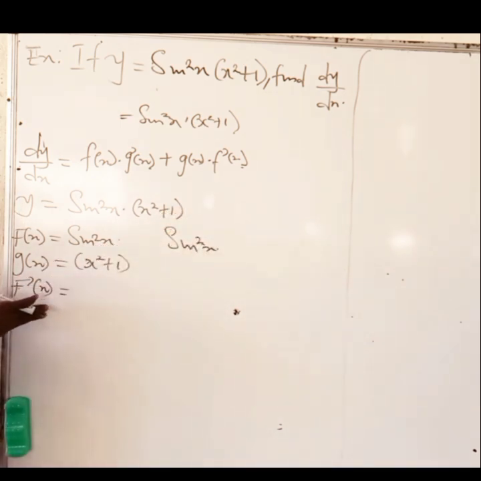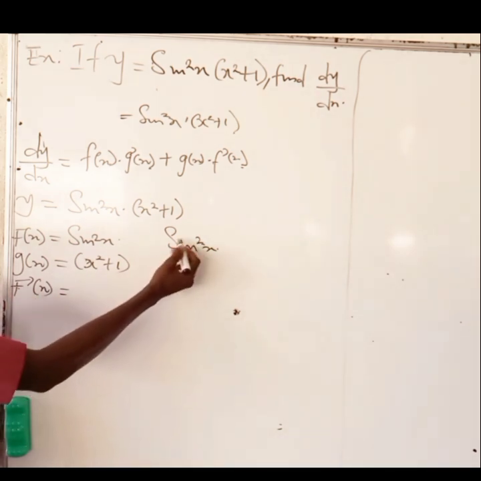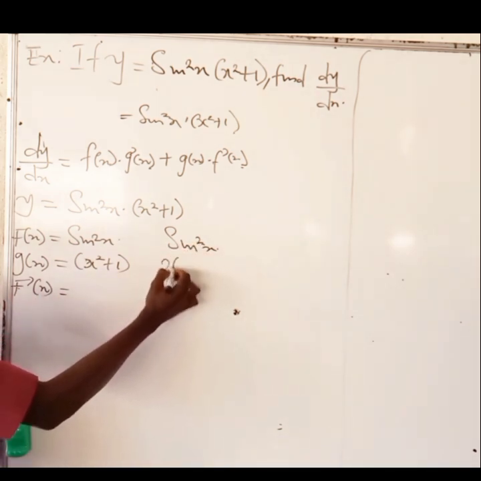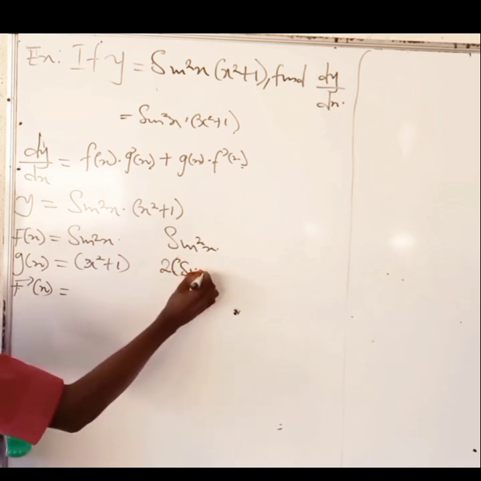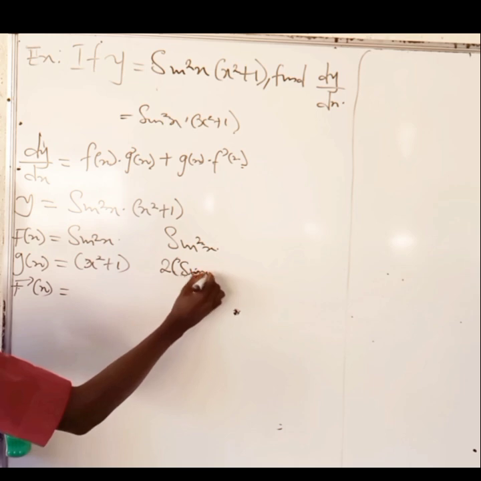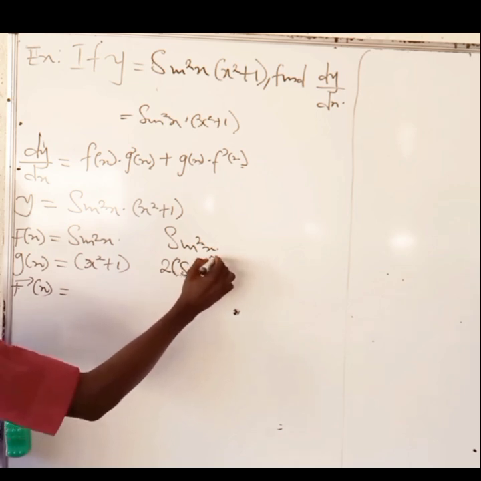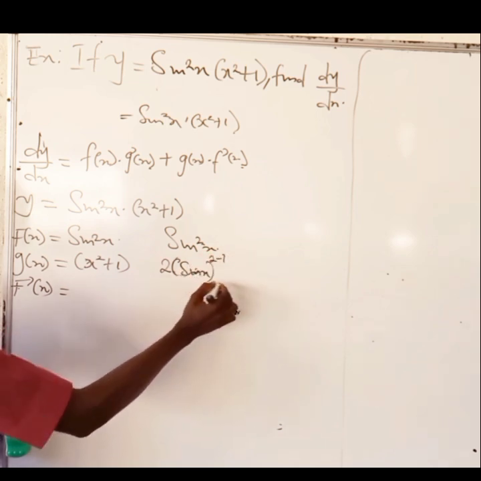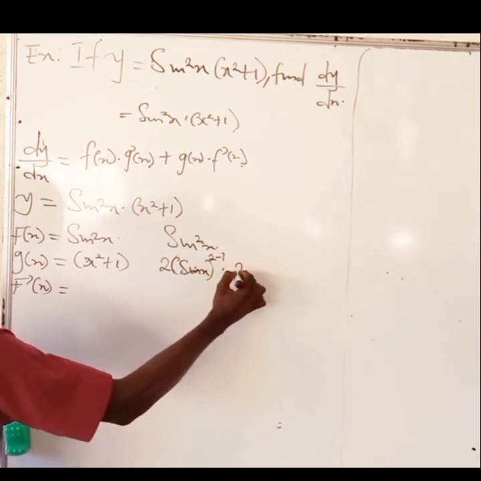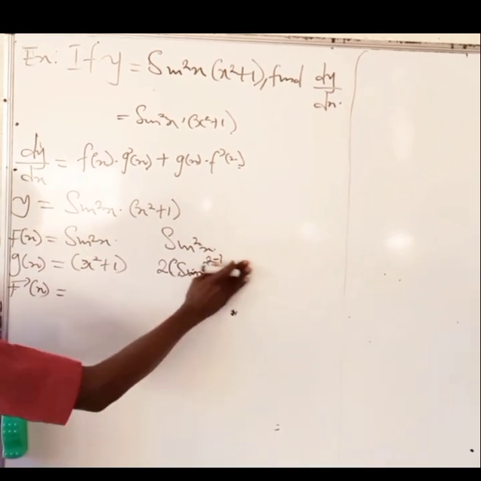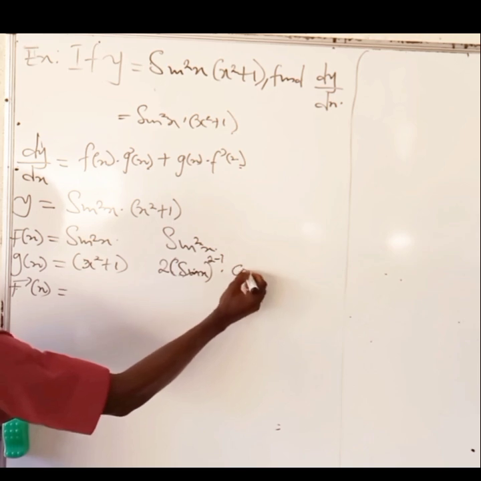Now, when you are differentiating a chain rule, you can easily use the power rule, which is going to be 2 into bracket sin x close the bracket, raised to power 2 minus 1, multiplied by cos x.